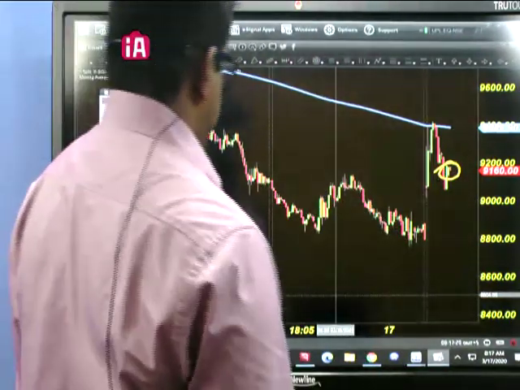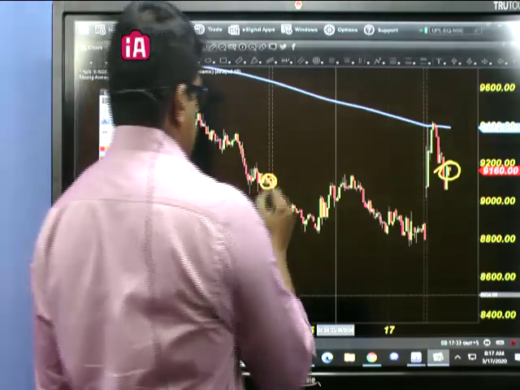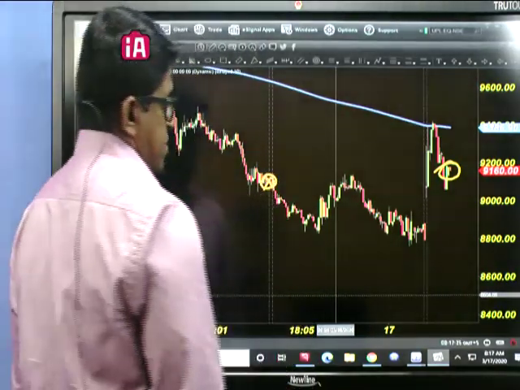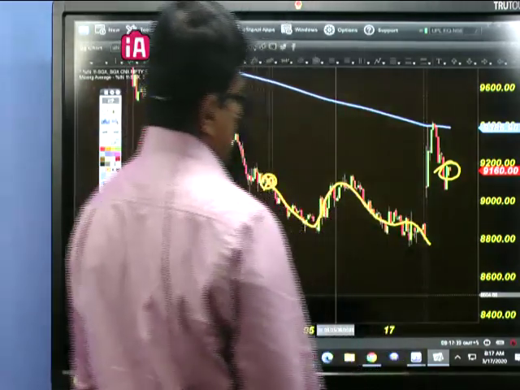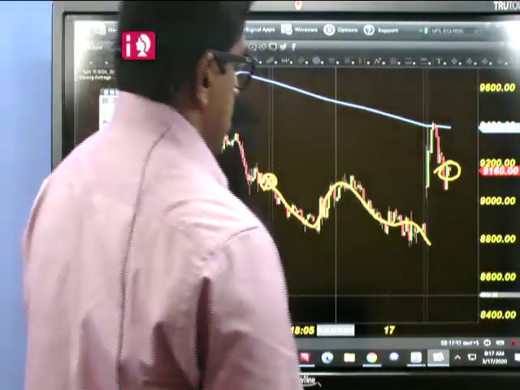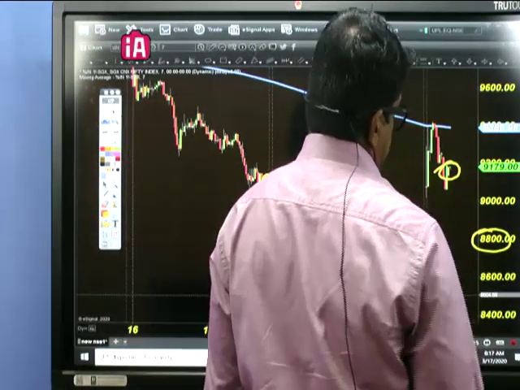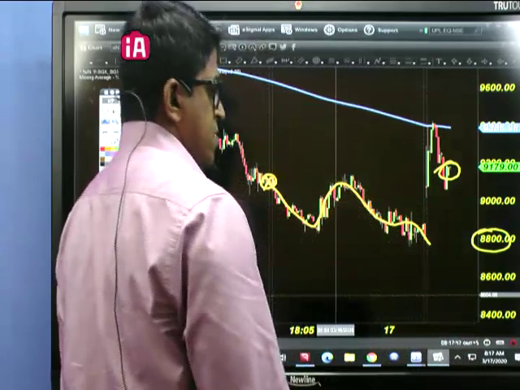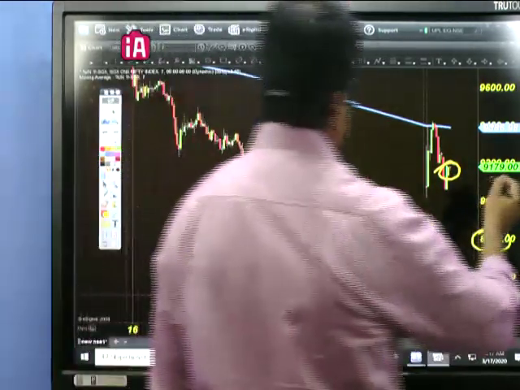What happened after yesterday's closing? Maybe yesterday's close was around 9,100 or within this range. In the night session, we know the US market is down, so Nifty followed the US market, and the price came down till 8,800, and now it is trading near 9,179.